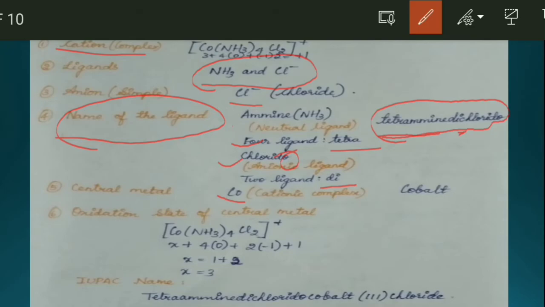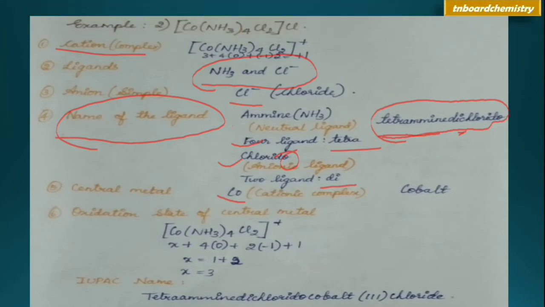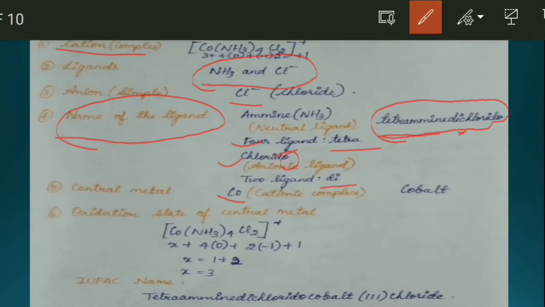It is present in the cationic complex. You can see that. Next, we are going to find the oxidation state of the central metal. See, we are taking the complex [Co(NH3)4Cl2]+. We don't know the oxidation state of the central metal, so we are taking it as X. So, ammine is a neutral ligand, so it has 0. 4 ammine into 0, 0. So, we have 2 chlorine. It is an anionic ligand, so -1.